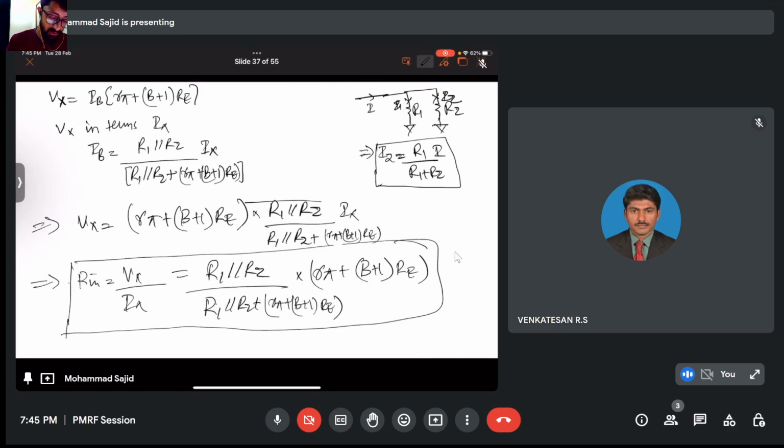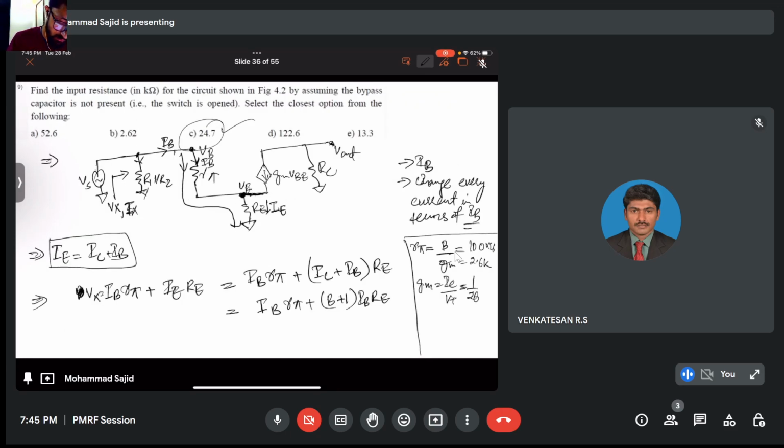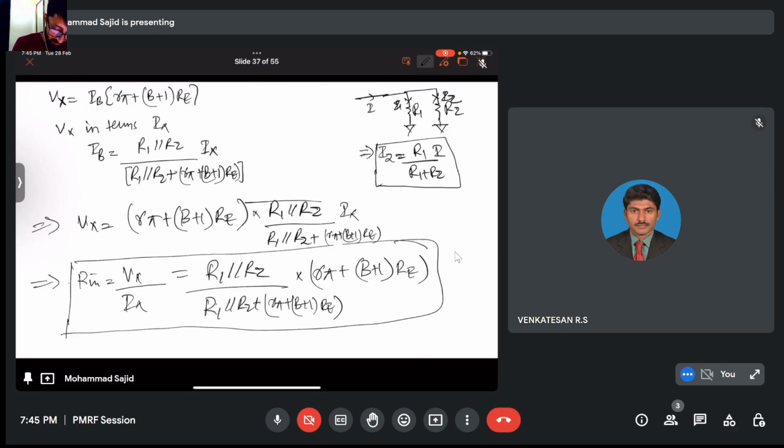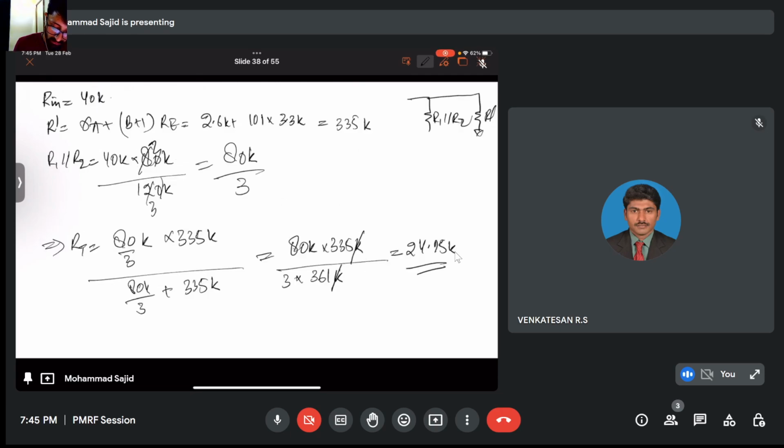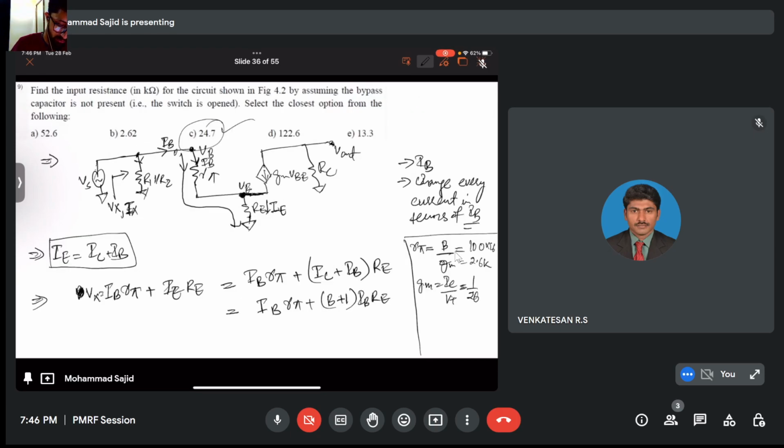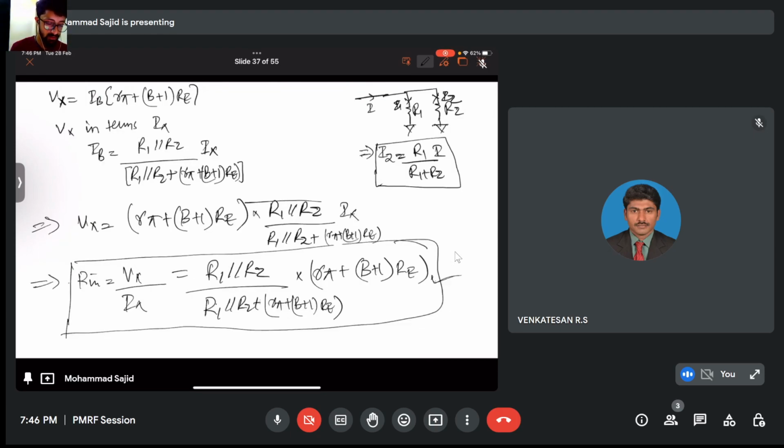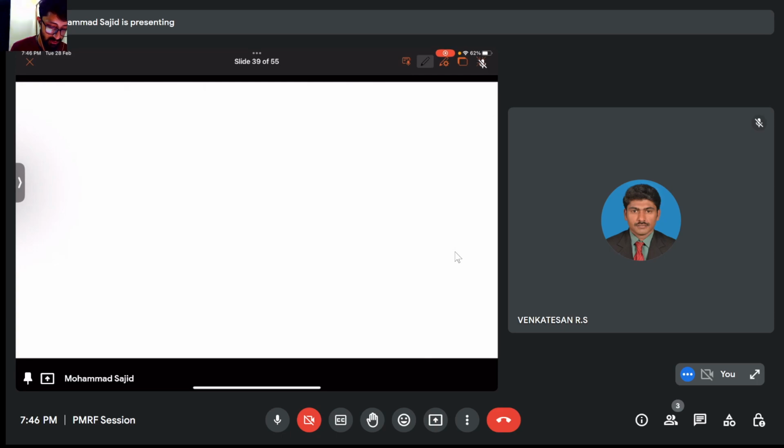Now this becomes your total resistance from this point to this point, and it is in parallel combination with R1 parallel R2. Okay, so this is your total input resistance. You put in the values, you will find the total. Yes, it is in k. So this is for BJTs.